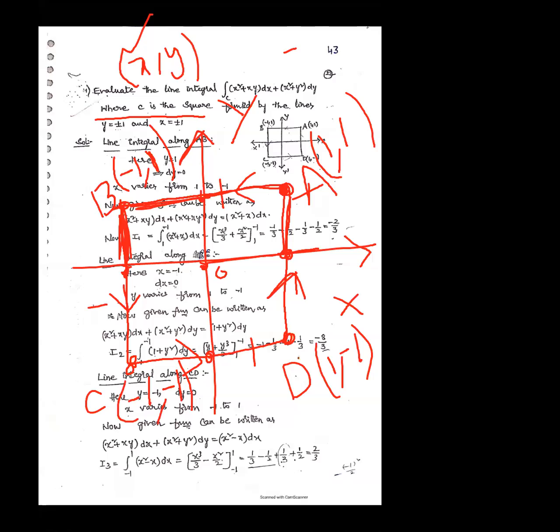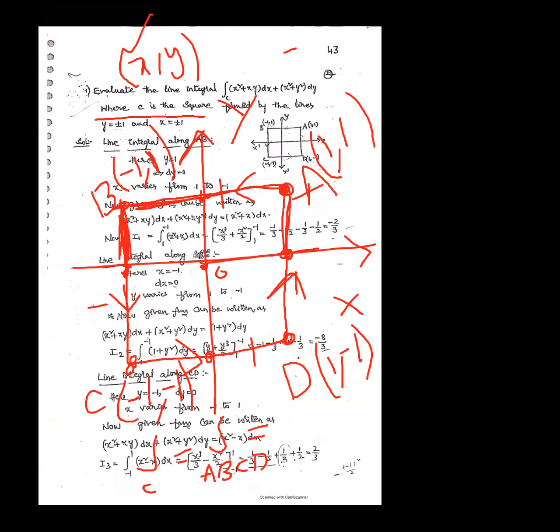So now we calculate the line integral. The line integral over C means the line integral over ABCD. The required curve is a square. That square starts from A and ends at D. The line integral over C means the line integral over ABCD, and it is not possible to compute ABCD at a time.